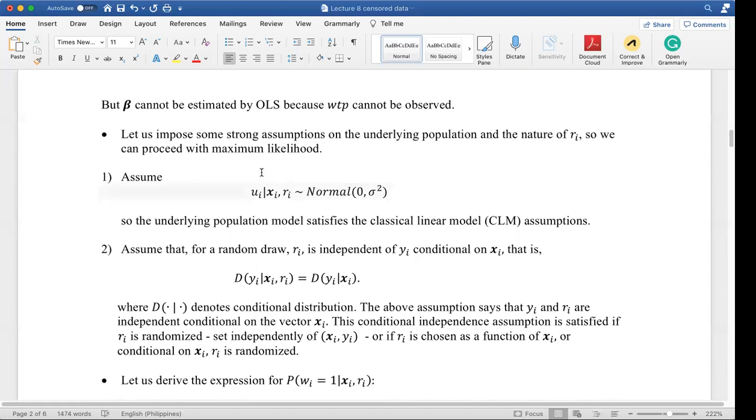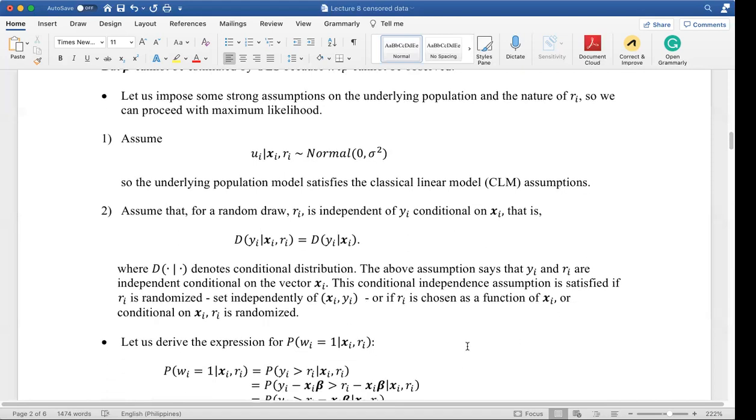First, let us assume that the conditional distribution of the disturbances given x sub i, r sub i is normal with mean 0 and variance sigma squared, just like in the Tobit model, except that now we have this r sub i also. So the underlying population model satisfies the classical linear model assumptions, where we have the normality assumption.